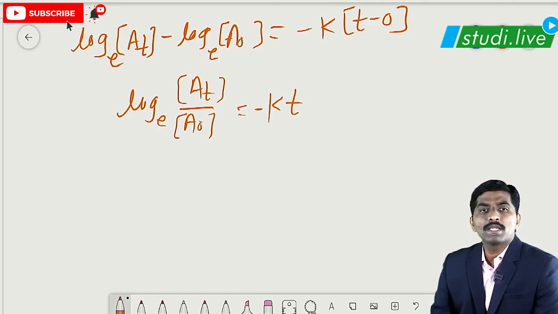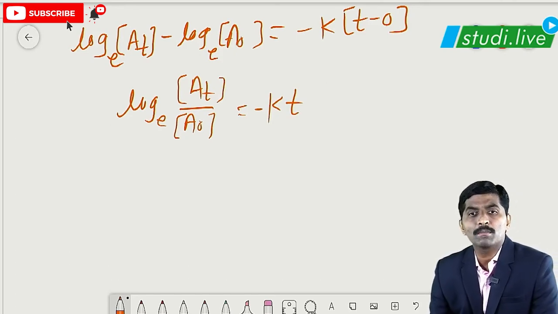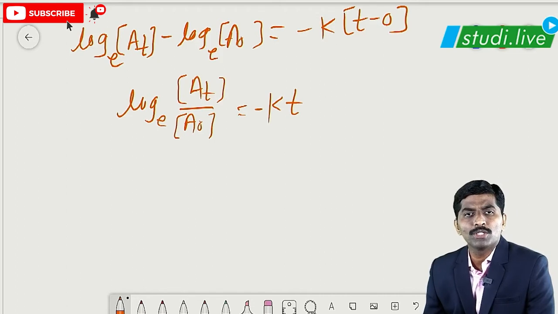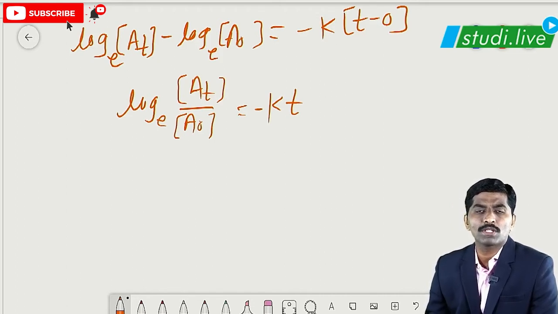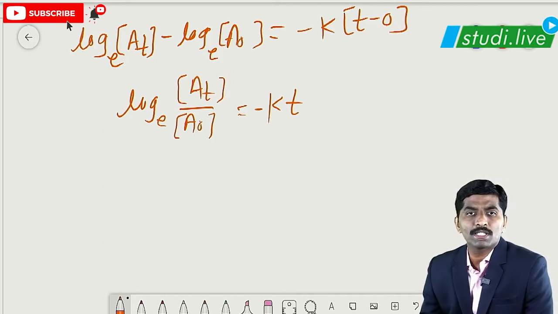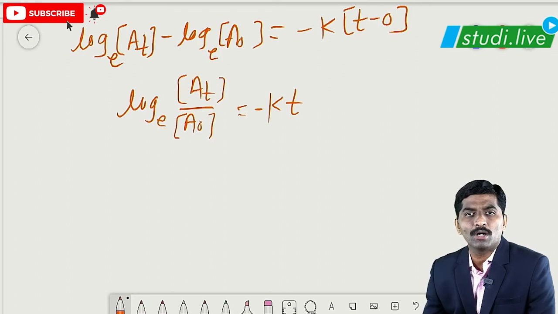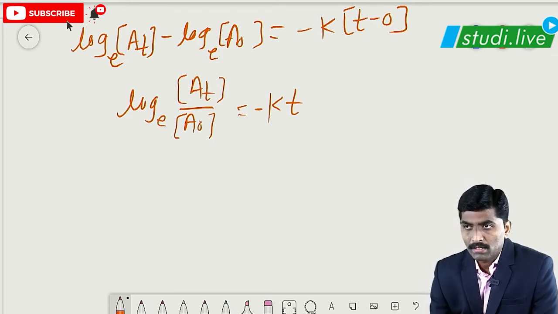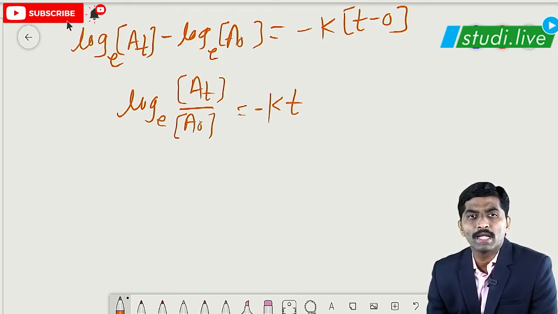Now, the question to think is, rate constant can be very small, like 2.2 into 10 raised to minus 33, minus 43, minus 54, etc. 10 raised to minus 53 means still the number is on the positive side of the number line, but k can never be negative.